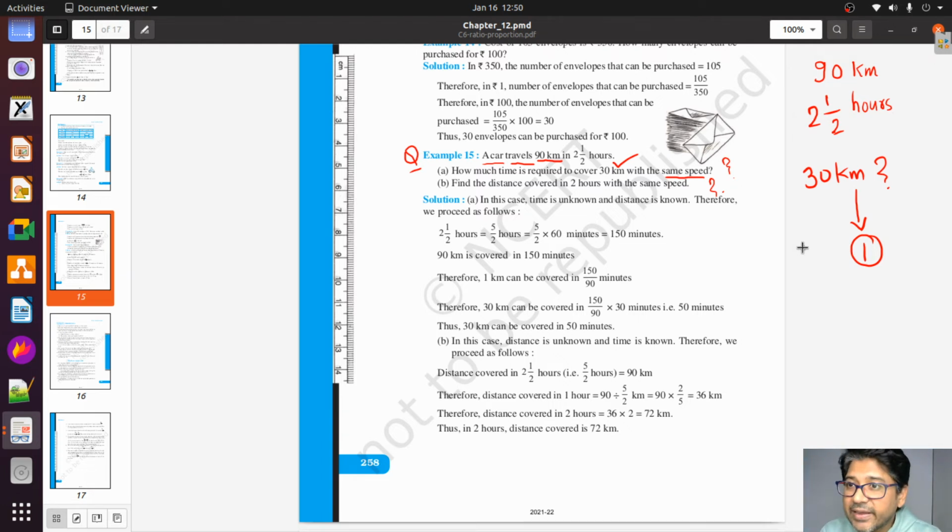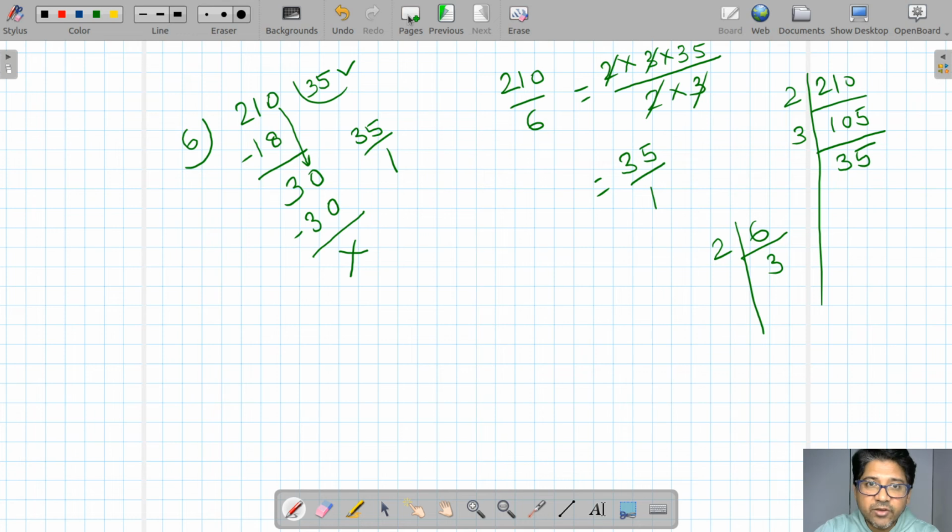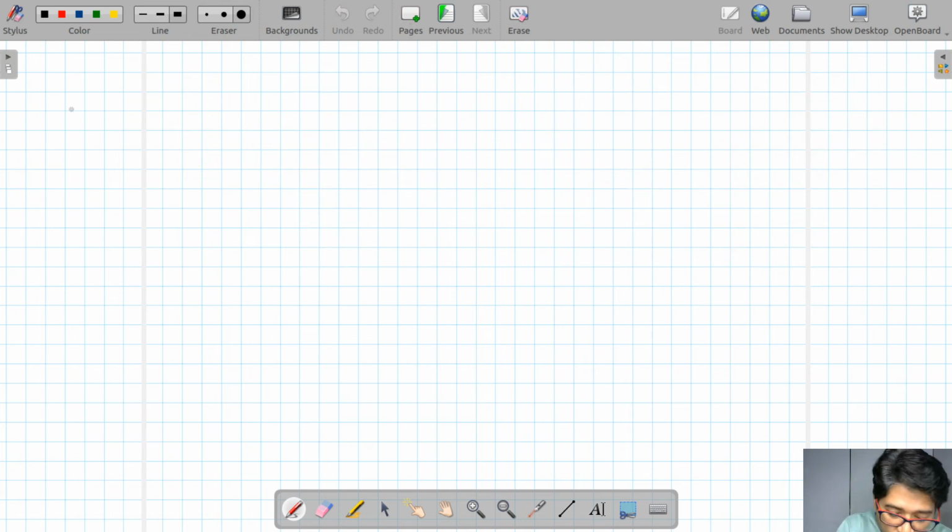Now I have 90 kilometers. Okay, but it's in hours, so what I do is first change it into minutes. So let's try to change into minutes. How do we change into minutes? Next page. So how many hours do we have?